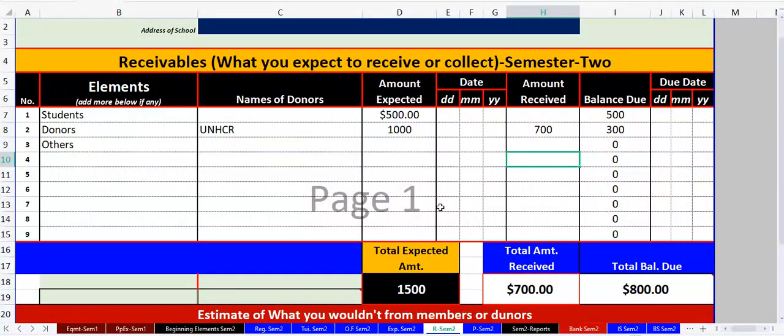Great. So now our students, they owe 500. Let's say before the period ended, they clear the 500 out.